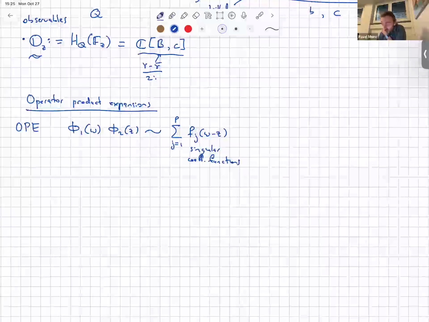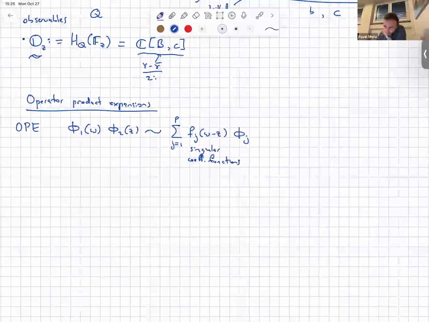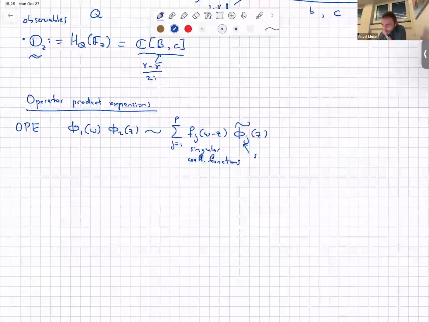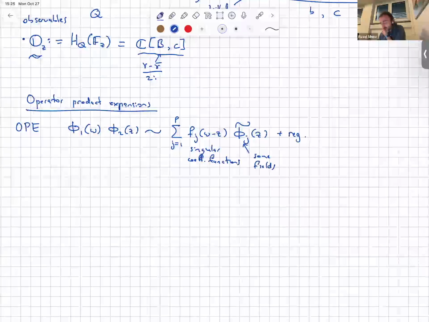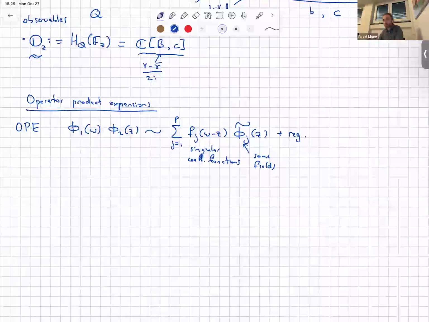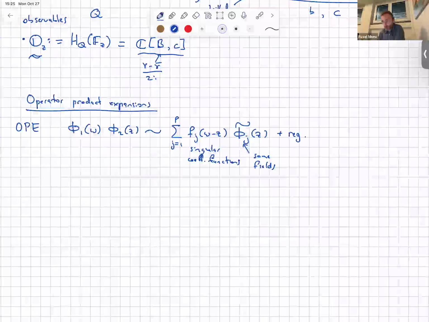So singular coefficient functions times some other fields, some composite quantum fields, and plus some regular parts, regular as W approaches Z. So in this theory, regular really means holomorphic, although more generally it could just mean continuous.